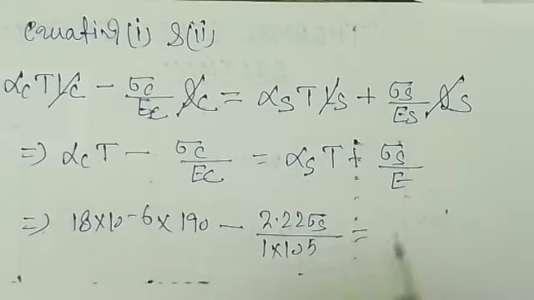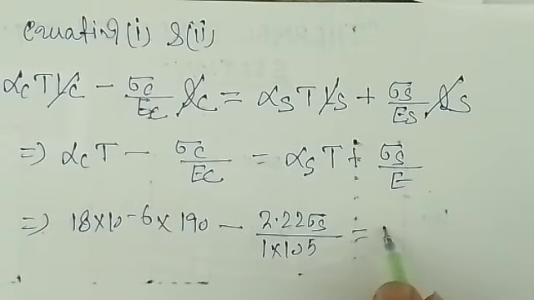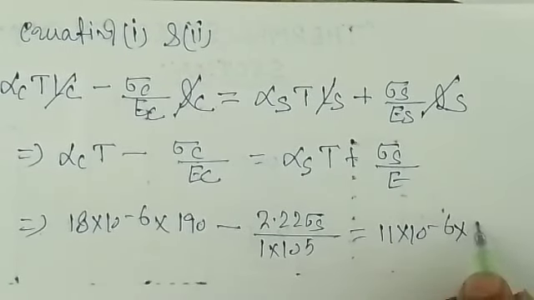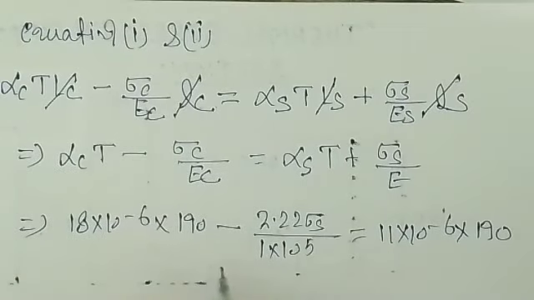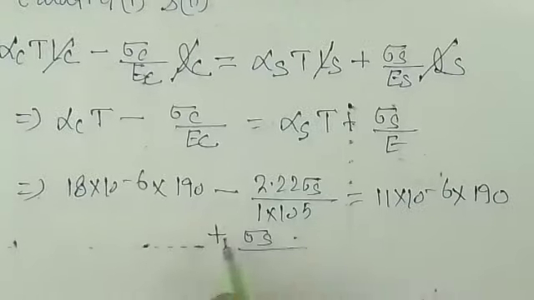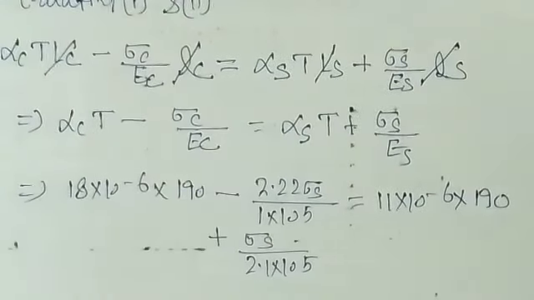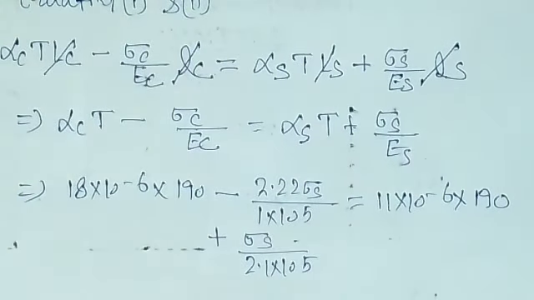That is equal to alpha s, which is 11 into 10 to the power of minus 6, and T is 190, plus sigma s, and Es is 2.1 into 10 to the power of 5. This data is given to you. We have simply substituted the data given in our question, right?